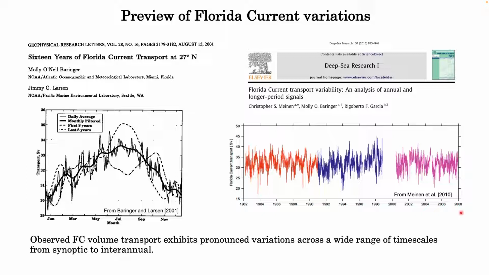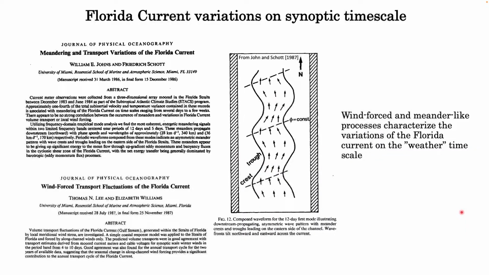So in principle, the observed Florida Current exhibits pronounced variations across a wide range of timescales, from synoptic to seasonal and longer timescales.